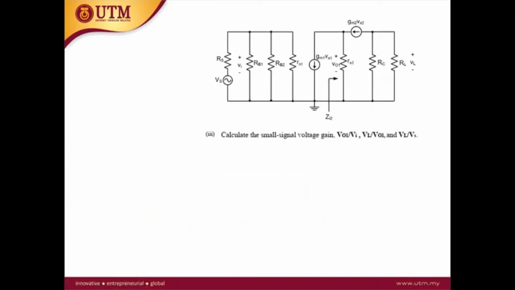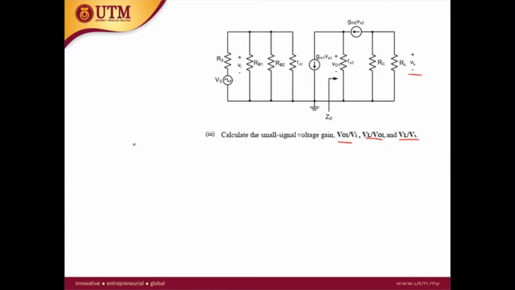So next, the third question is calculate the small signal voltage gain. We have three different voltage gains: V out over VI, VL over V out 1, and VL over VS. VL is the voltage drop at the RL, V out 1 is the voltage drop at the output port of the first stage, and VI is the voltage at the input port.